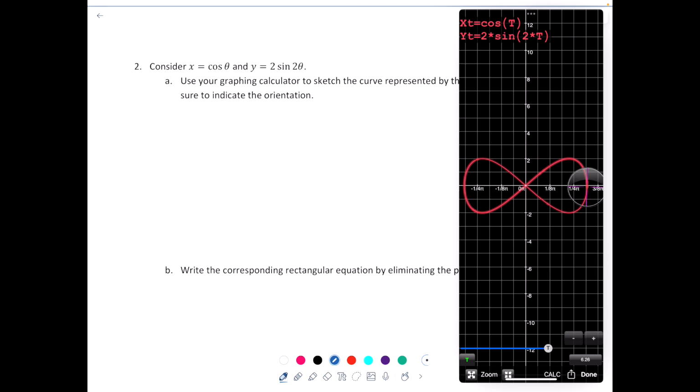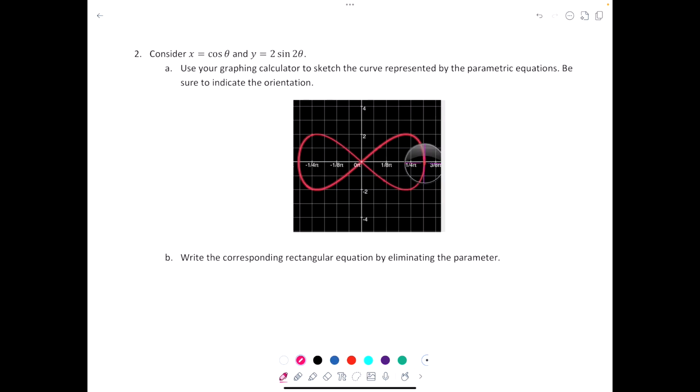All right, so we'll go ahead and take a picture of this. So we found that the graph started here, and we have to draw in the arrows for our orientation. Now, I believe on a regular TI-84 calculator, you wouldn't need to do that, but since I had the app, that's okay.